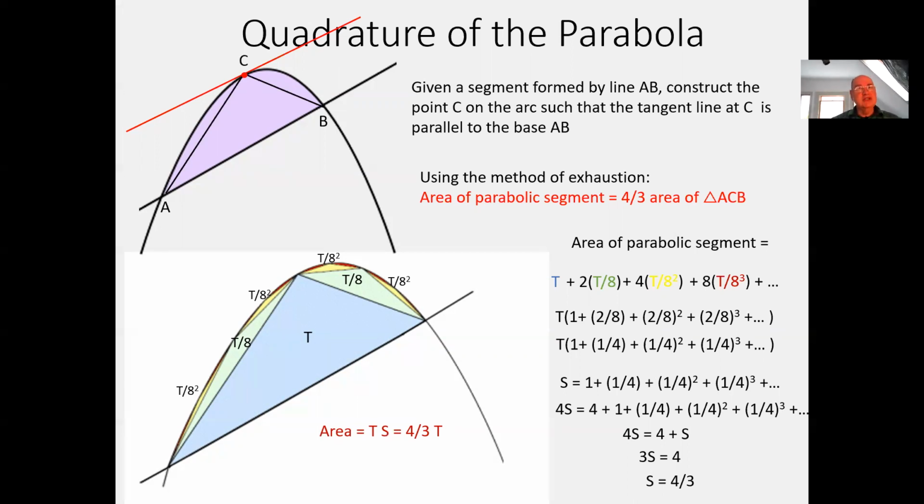So Archimedes is just a master at this kind of exhaustion that we see here, and he winds up with such beautiful results. Again, those Pythagorean simple fractions, 4/3, as opposed to some crazy decimal.